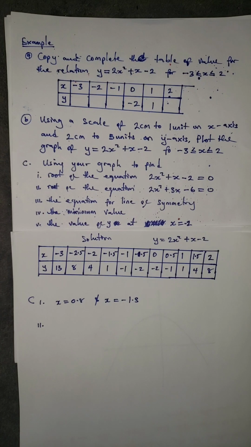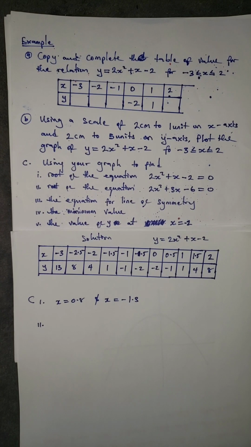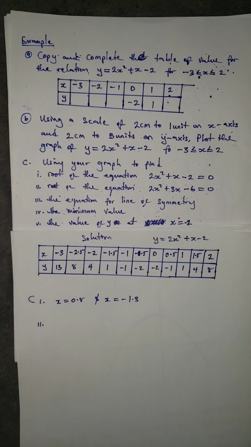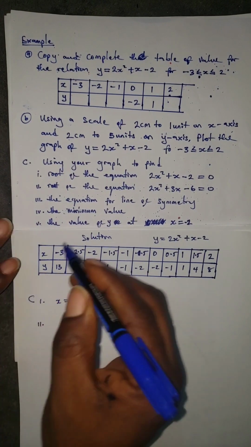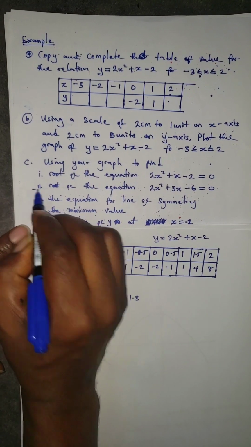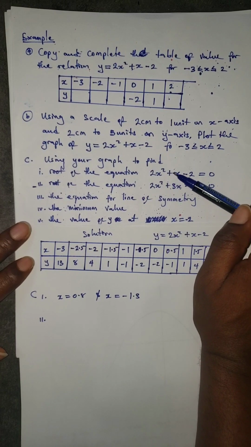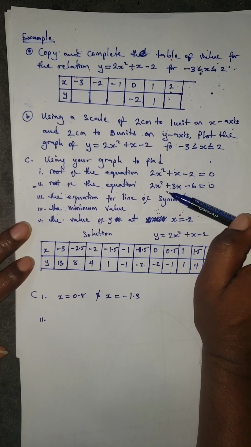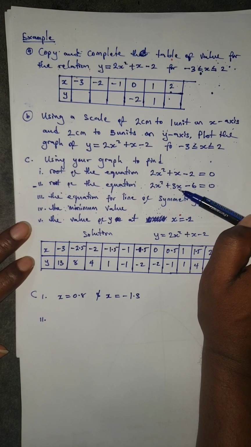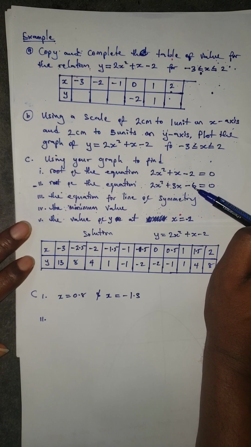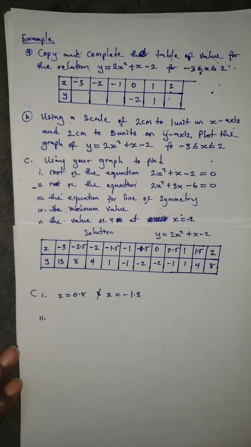Rather, they will merge the two equations together so that you can split it by yourself and solve the simultaneous equation using your graph. So this problem here is a simultaneous equation graph, because you can see the graph given to us, which is 2x squared plus x minus 2, and the one we are asked to find, which is 2x squared plus 3x minus 6. So what are we going to do?